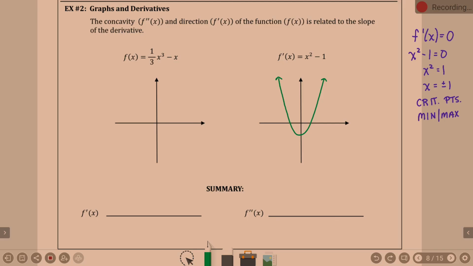Now, think about the pieces here. We know this graph is going to cross the x-axis at 1 and at -1, which are the critical points we just came up with, right?